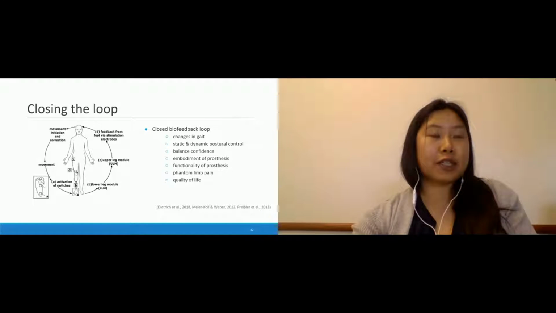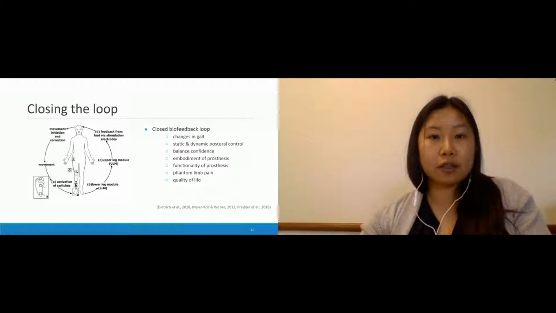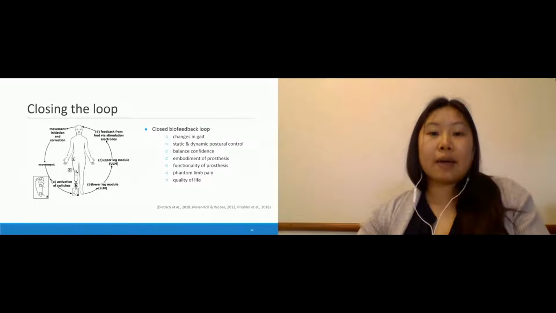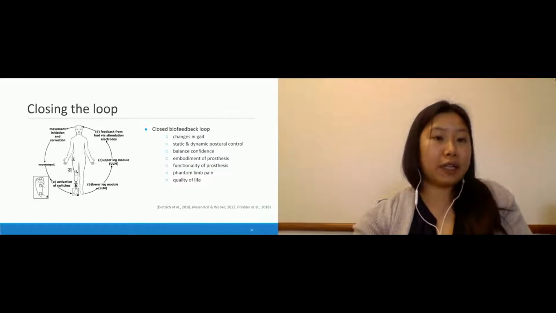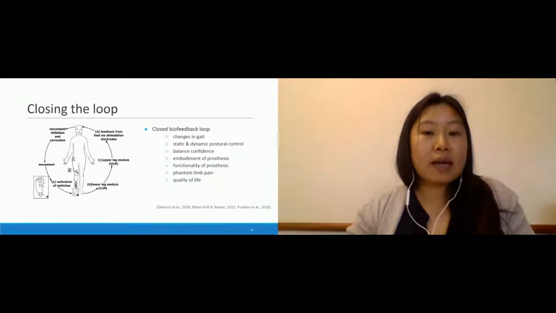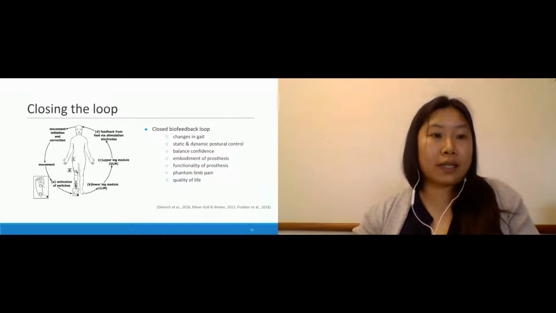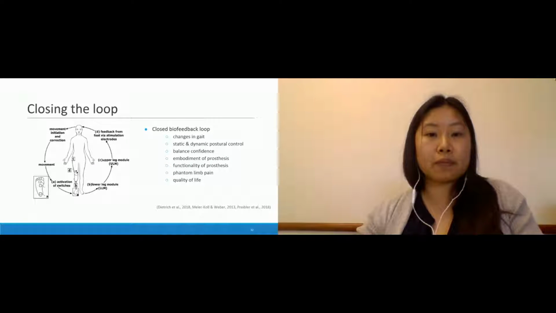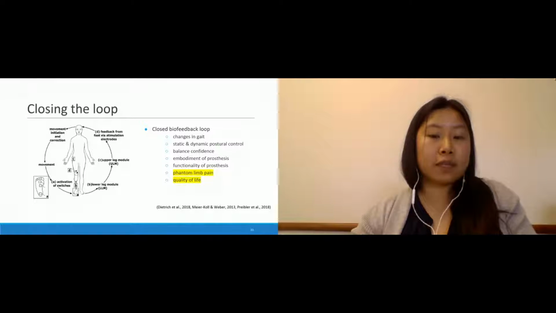And this is especially true when navigating obstacles or uneven terrain, their balance confidence, embodiment, and functionality of a prosthetic user's prosthesis, as well as phantom limb pain and quality of life for these prosthetic users. So for our study, we hope to focus mainly on phantom limb pain and quality of life.